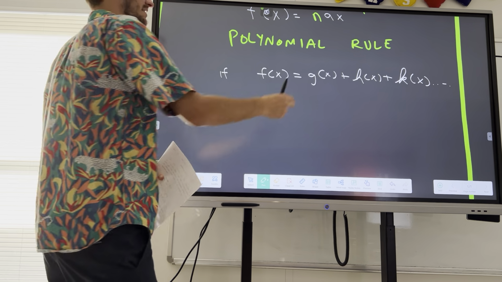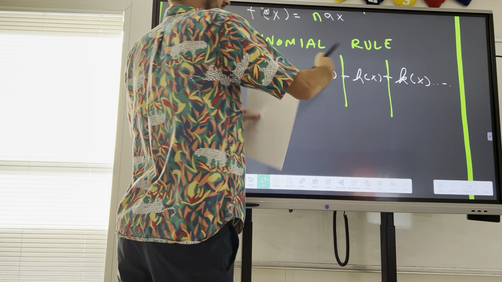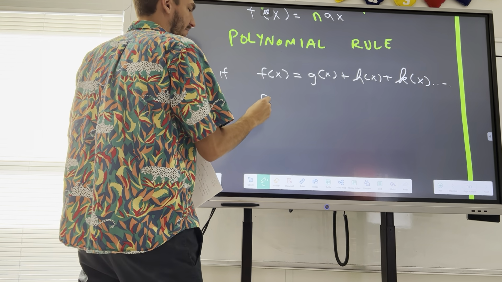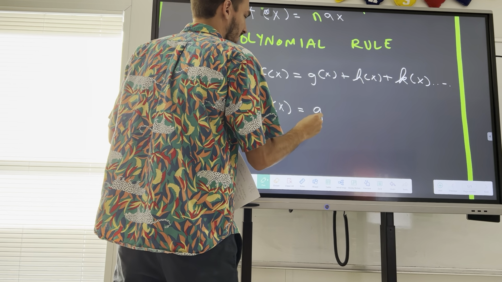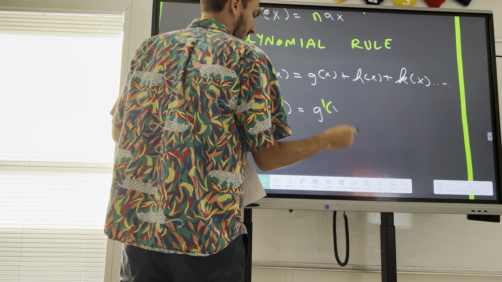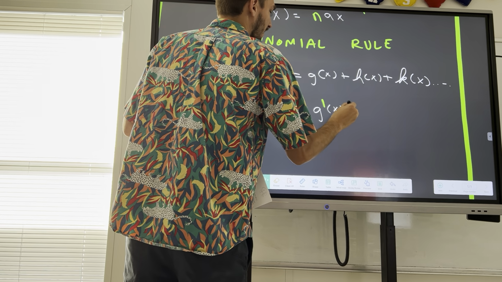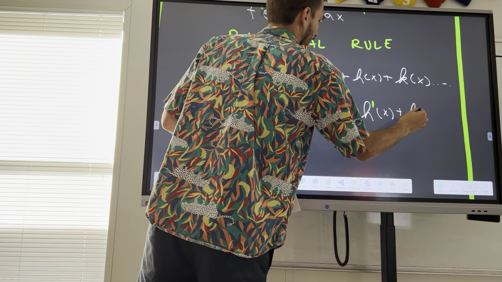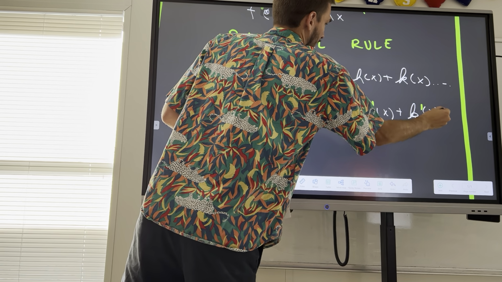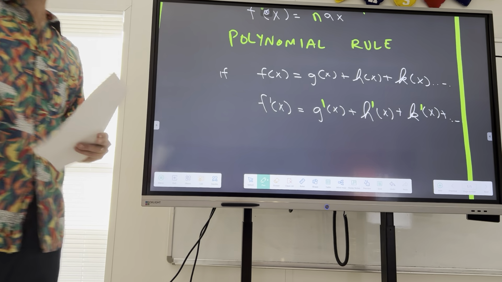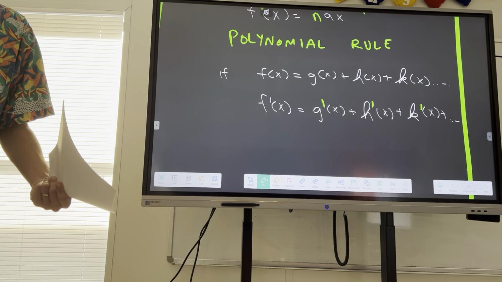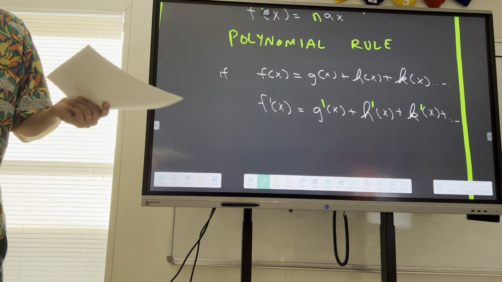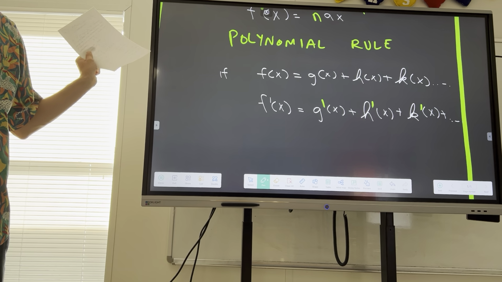We're just saying these pluses are kind of splitting up our different terms, that's all it is. Then f prime of x is equal to g prime of x plus h prime of x plus k prime of x. So if you've got a string of things in a row, you just take the derivative of them kind of separate. So those pluses are almost separating things completely.